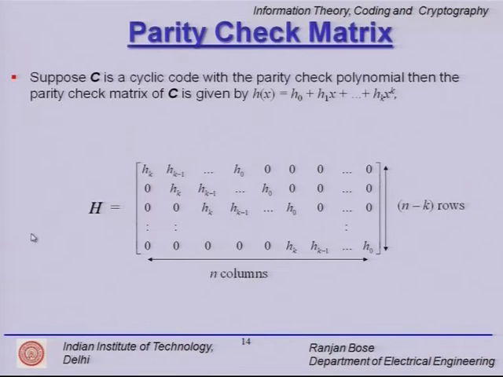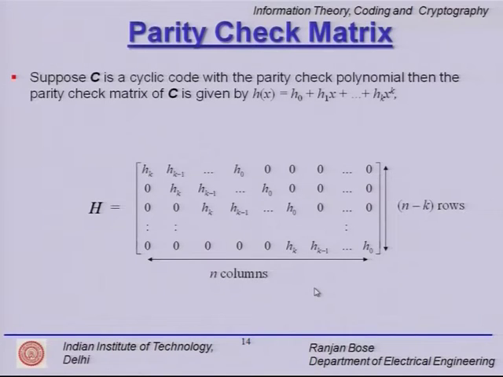Now, since we had defined a parity check polynomial, we also have a parity check matrix definition. So, it is very easy to define the matrix once you have the parity check polynomial. Please note the sequence of steps. We have x raised to n minus 1, and x raised to n minus 1 can be factorized to give you h of x and g of x, and then the coefficients of h of x can easily be written in this form.